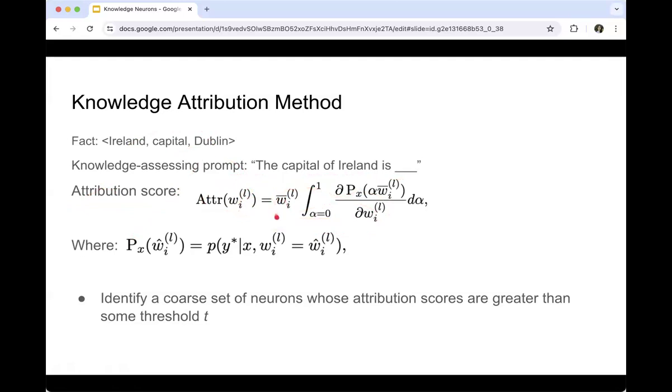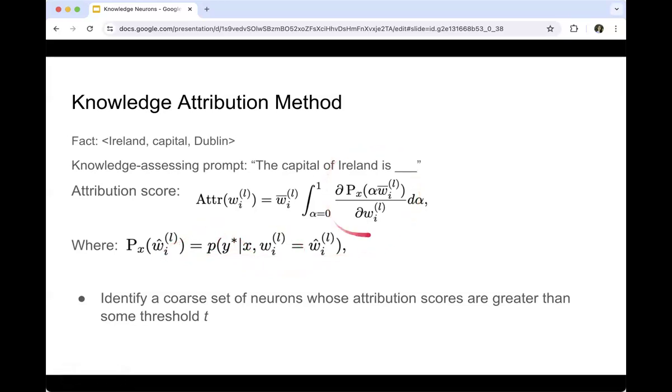w_i bar here is the original value of w_i, and this function here represents the probability that the correct answer is predicted by the model, given the input prompt and given that our w_i neuron is equal to the input of this function.